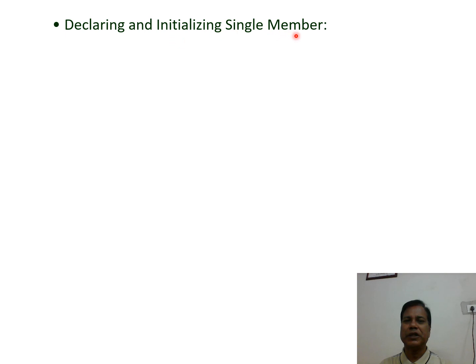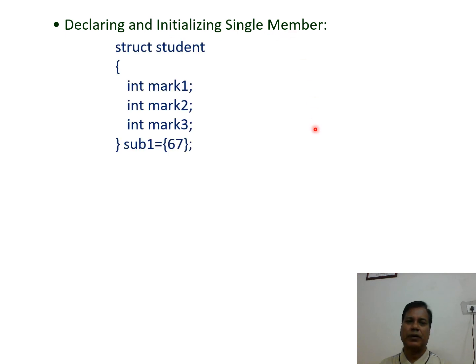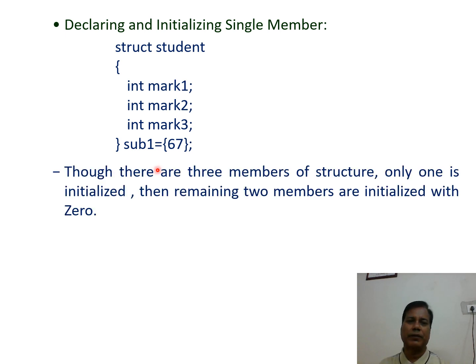Declaring and initializing a single member. Now in this example, structure variable sub1 equals, in open and close braces, 67 is written, then semicolon. So while initializing the structure variable, we are initializing only a single member of the structure. So what about the other structure members?